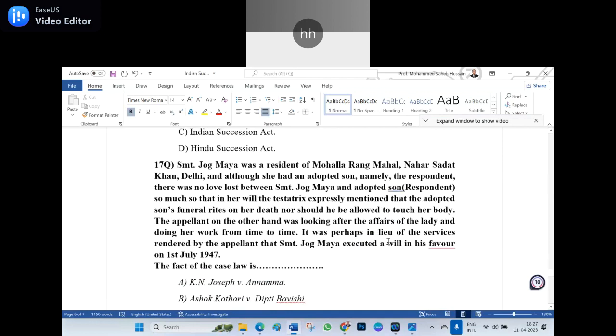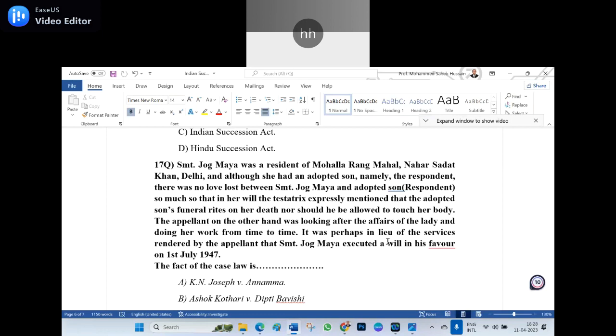Now the 17th question. Srimati Jogmaya was a resident of Mohalla Rang Mahal, Nahar Sadat Khan, Delhi. Though she had an adopted son, namely the respondent, there was no love lost between them, so much so that in her will, the testatrix expressed that the adopted son's filial rights on her death should not allow him to touch her body.